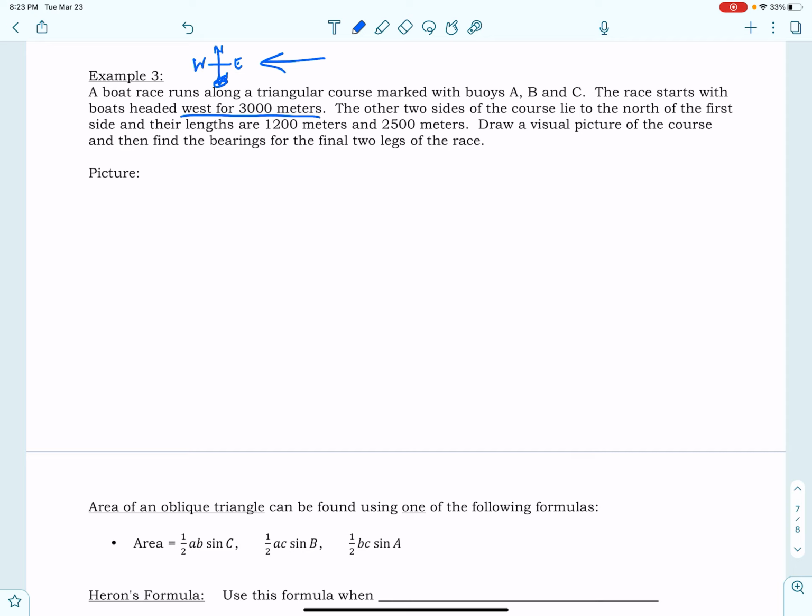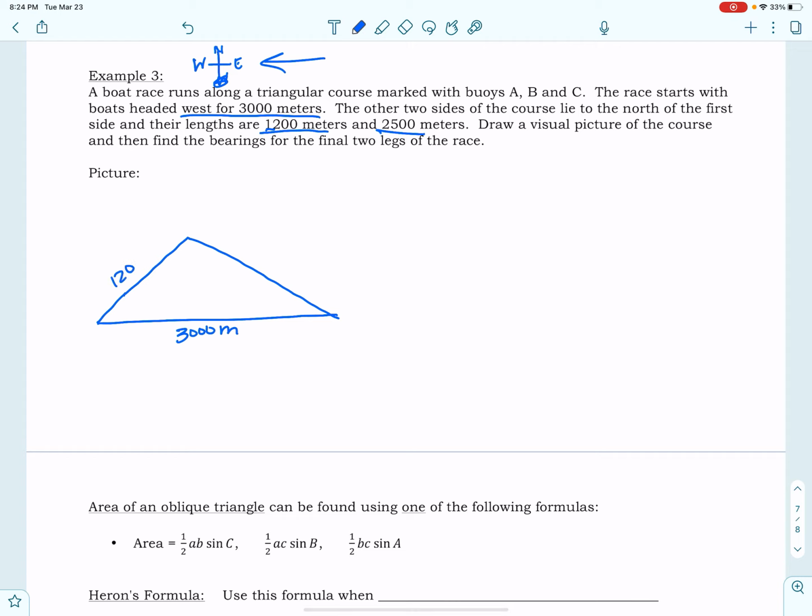All right, so I'm going to have something like this, and I'm going to call this 3,000 meters. Then we're told that the other two sides lie to the north, so that means the boat turns and heads in a different direction for 1,200 meters and then 2,500 meters. So we're just going to make that 1,200 and we're going to make that 2,500.